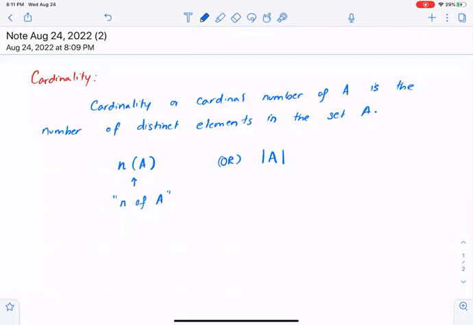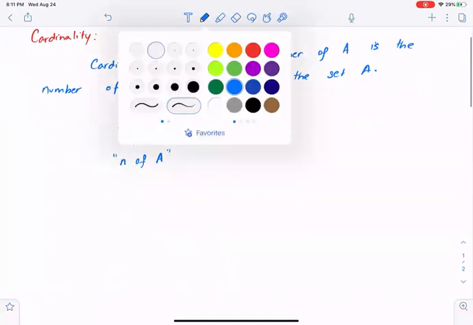Now, mind you, that only applies to cardinality when we are in set theory. Outside of set theory, that notation would mean something different. It would refer to an absolute value. But in set theory, it refers to cardinality.